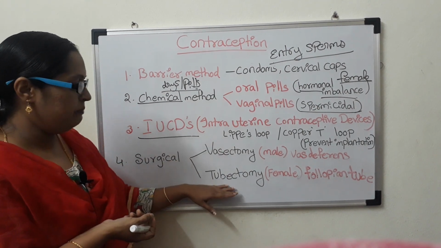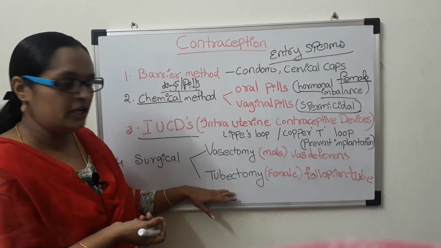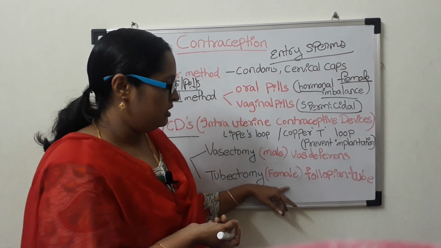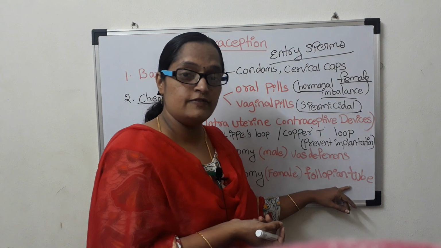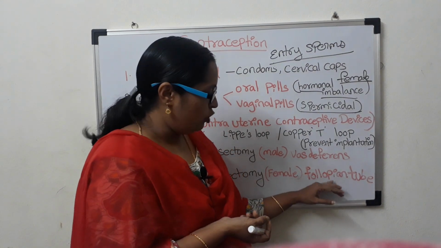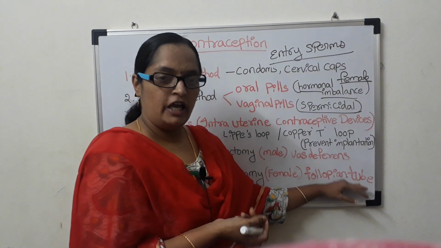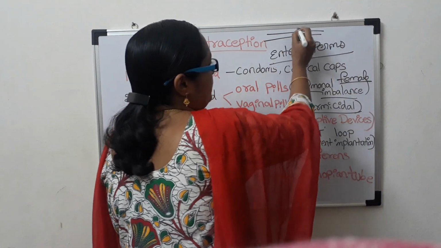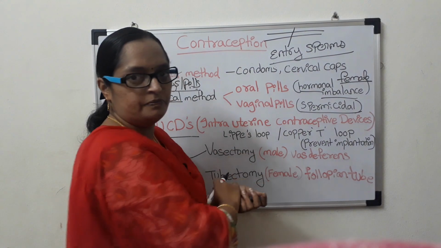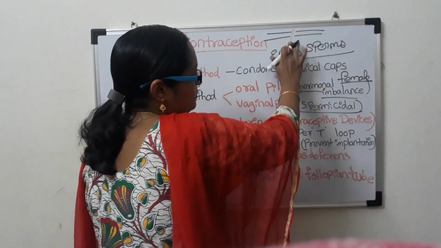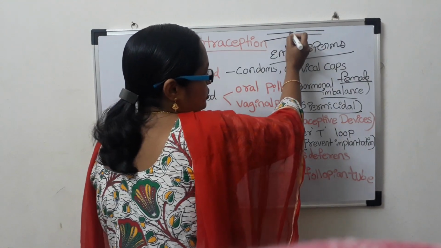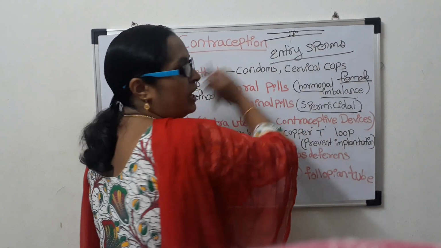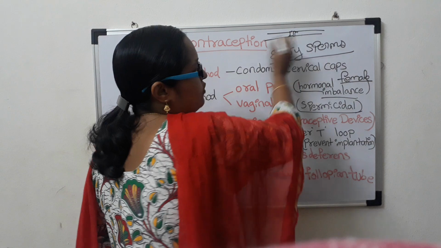Then the second type, tubectomy. This surgical method is done in females. In females, the tube-like structure which receives the ovum is the fallopian tube. Now a cut is made here, this is the tube. After making the cut, the 2 ends are united, but even though they are united, a block is formed here.